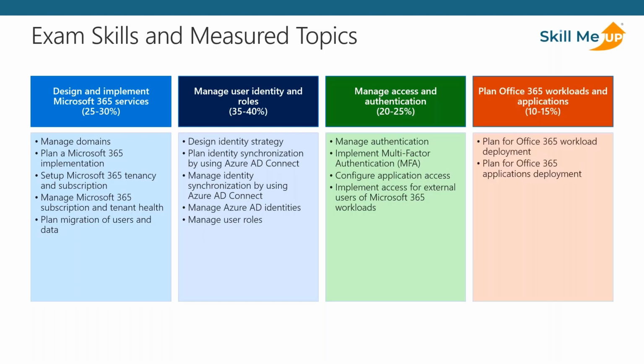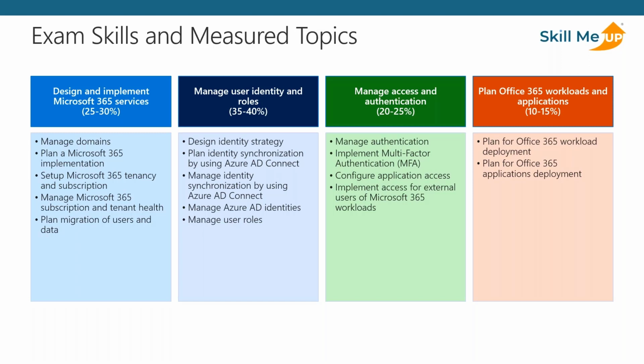And then finally, the smallest weighted section here, which is 10 to 15%, is plan Office 365 workloads and applications. This skill focuses on topics such as hybrid deployment, using on-premises workloads with Microsoft 365. You'll also be measured on Office application deployment. Now, this is often an area where most people don't study as needed.